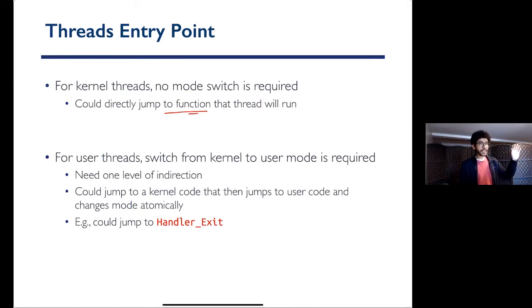So you can have this special kind of function that you use to do a mode switch. In that case, you just push the address of that special function on top of the stack when you create your new thread.